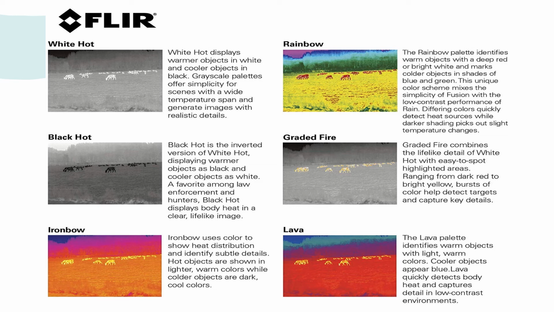In the rainbow plate, warm objects are shaded with a deep red or the bright white, while the colder objects are shades of blue and green.